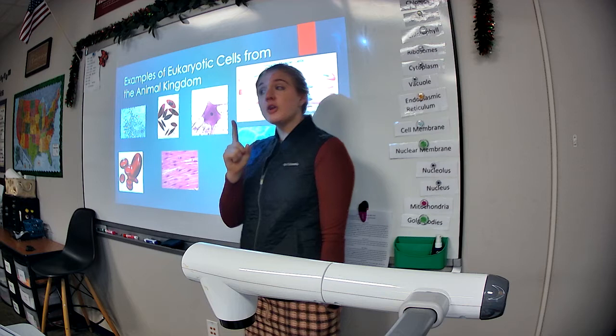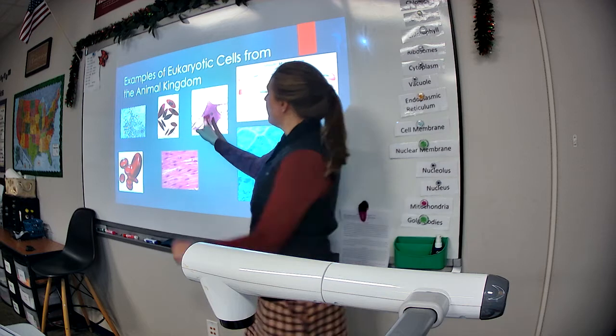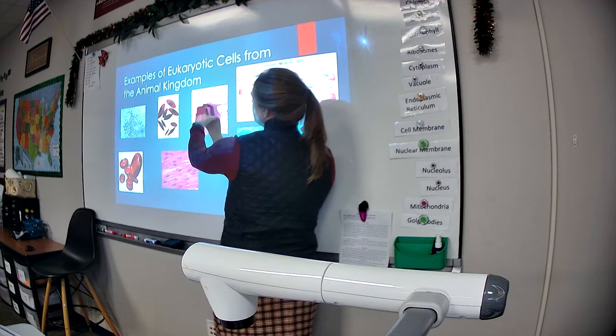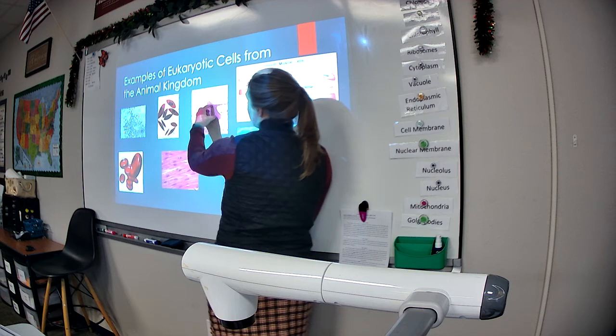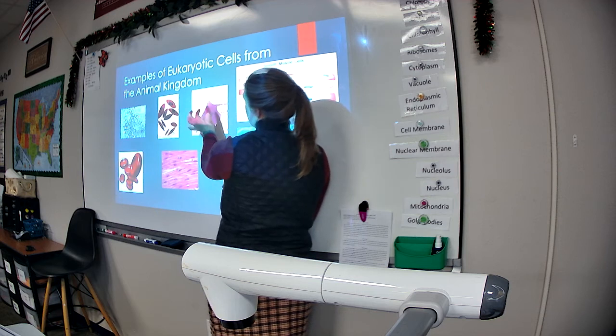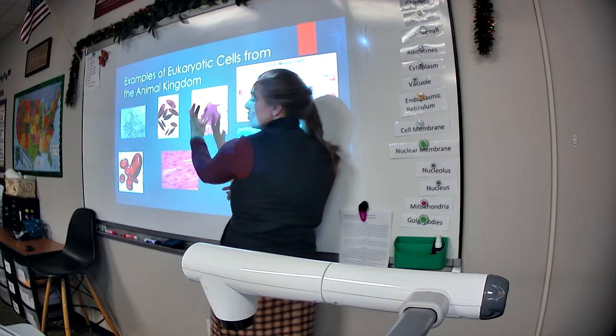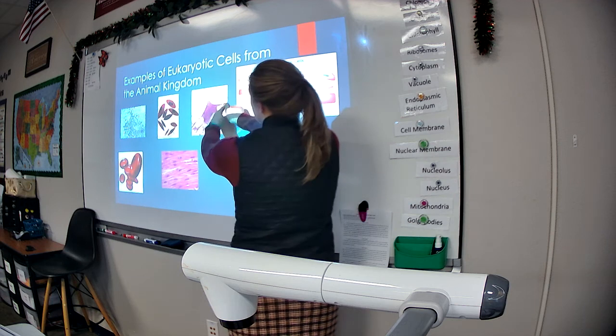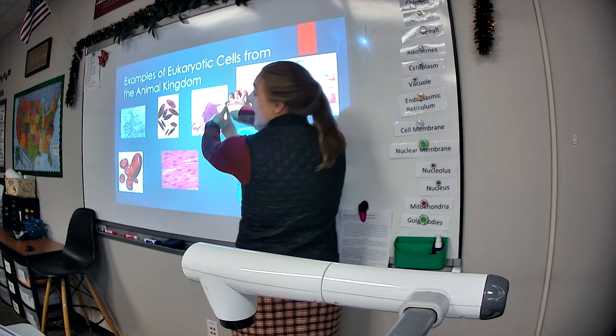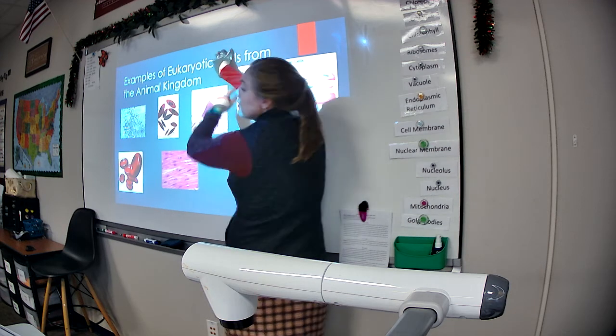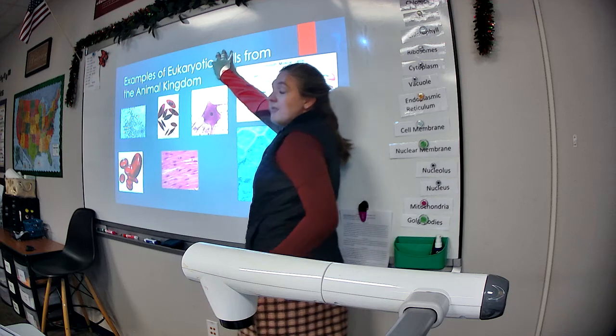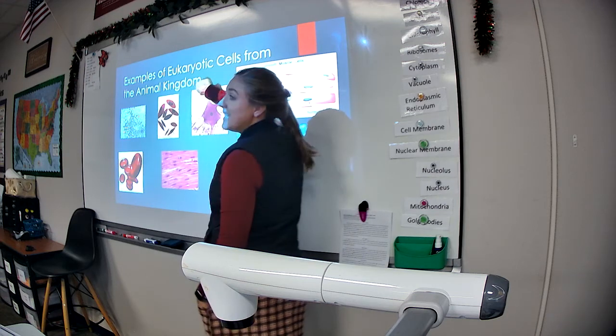Now, what's cool about nerve cells is notice how they're shaped. They have one central location where the nucleus is, and then these branches that split off of it. So this would be a branch that would connect to another nerve cell. And that nerve cell would have other branches that connect to another nerve cell. Those branches are called synapses.